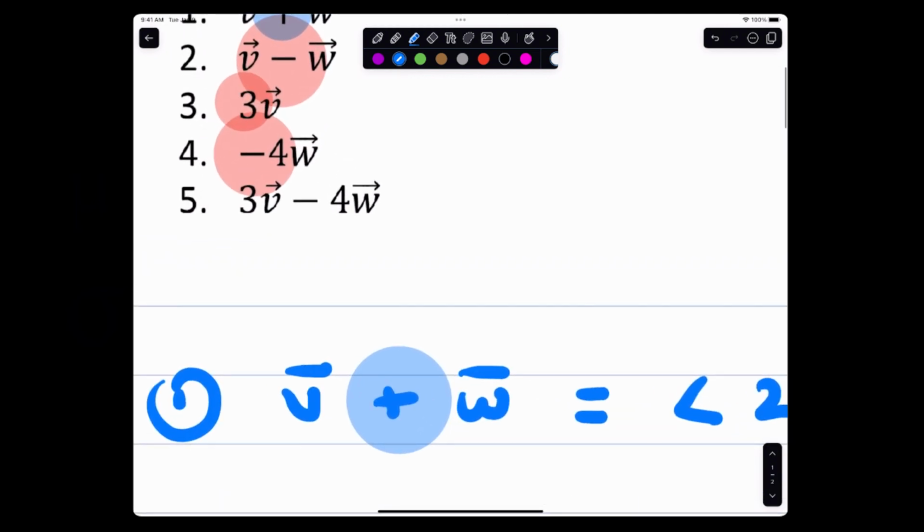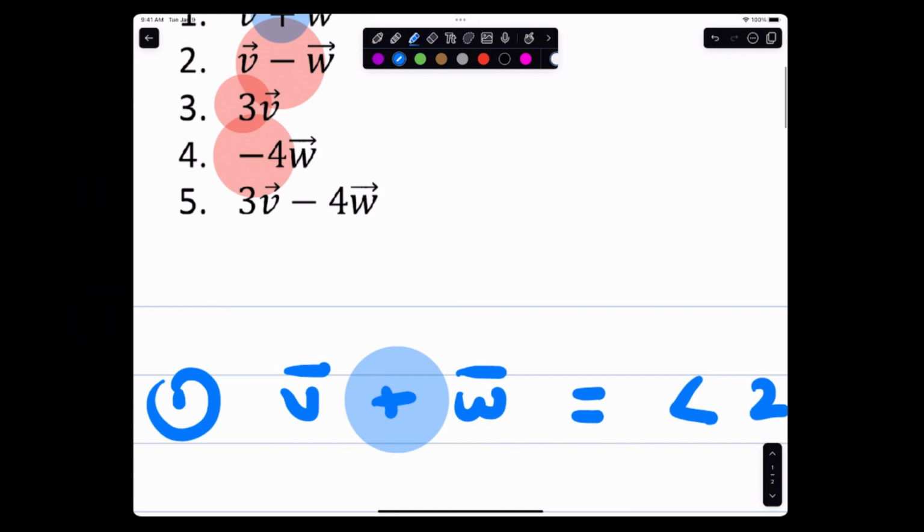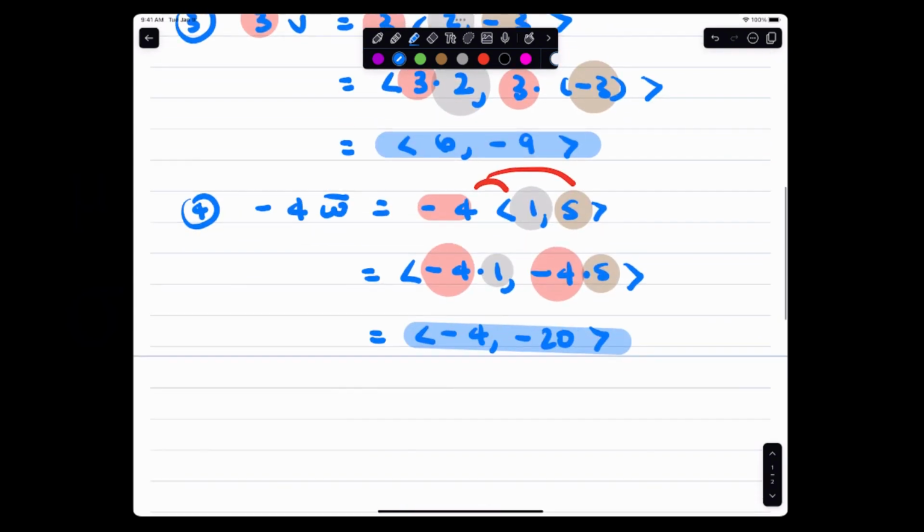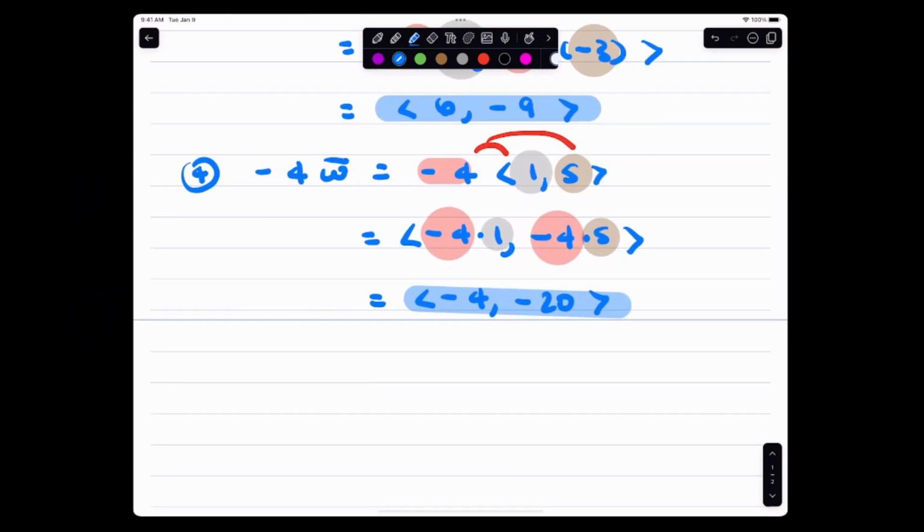You say, can I do more arithmetic? Yes, they want us to do 3v minus 4w. So let's write down number 5, 3v minus 4w.